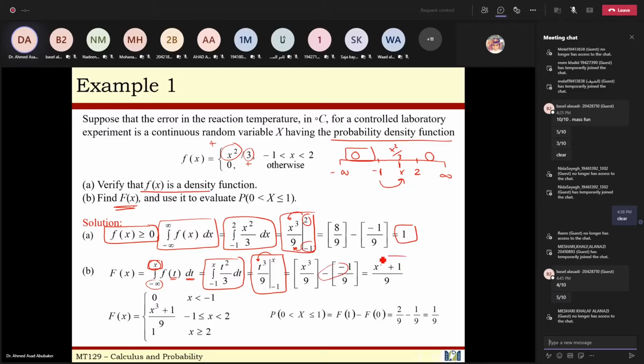Negative, we have positive. So this is the value of F of x: x to the power 3 plus 1 over 9. Less than -1, we have 0. Greater than 2, we have 1 in F of x cumulative. Greater than our interval, this is 1. Less than our interval, this is 0. Okay?